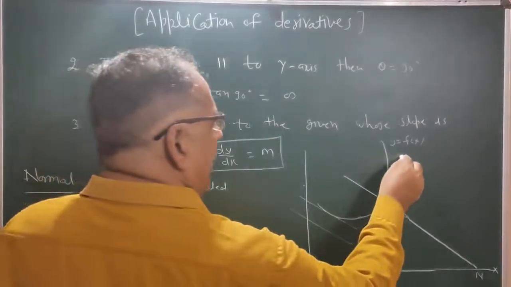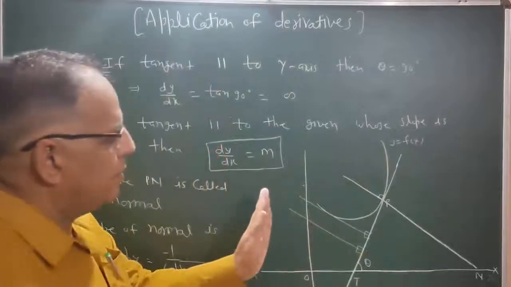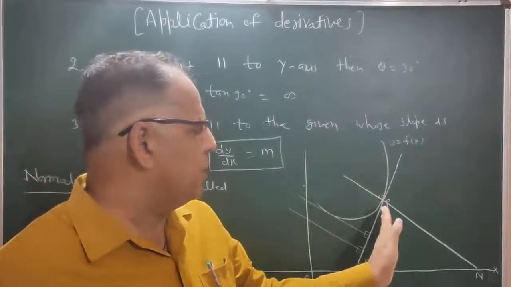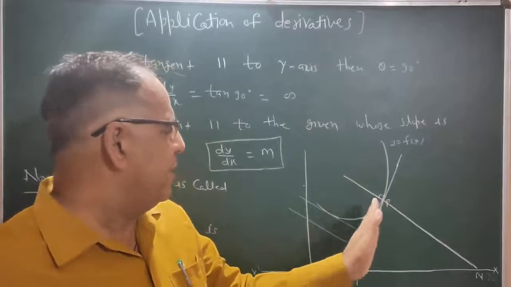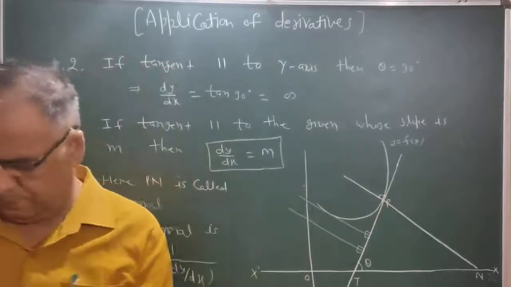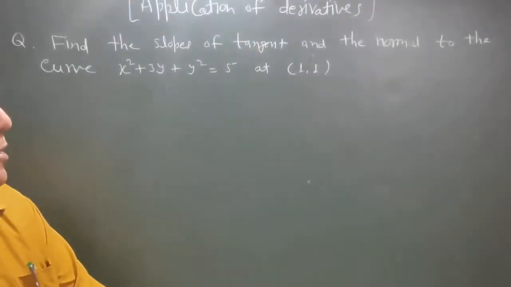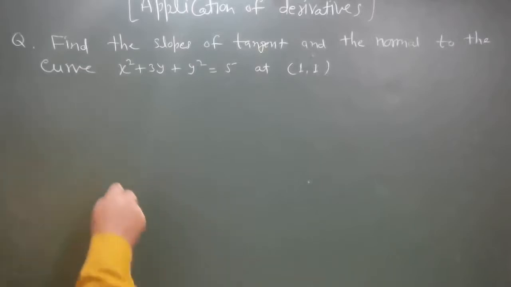So the line which is perpendicular to the tangent and passing through the point of contact is known as the normal to the curve.